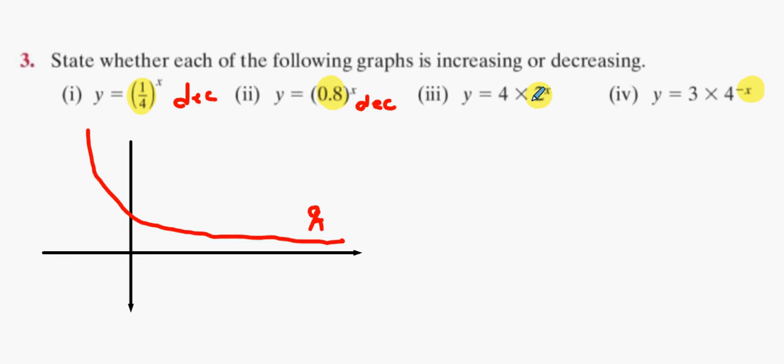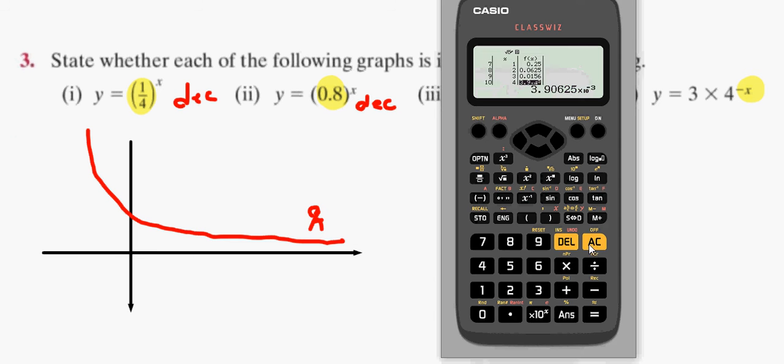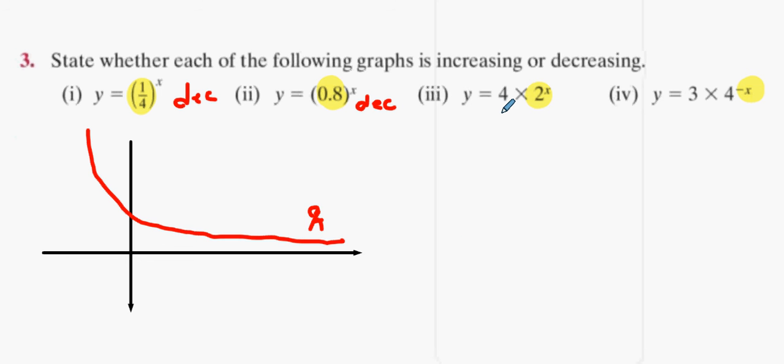The next one after that, if you aren't too sure, come in here and do 4 times 2 to the power of x. Have a look at your numbers. What's happening to the number every time? It's getting bigger every time, isn't it? So what does that mean? Increasing. Do the next one in your calculator.